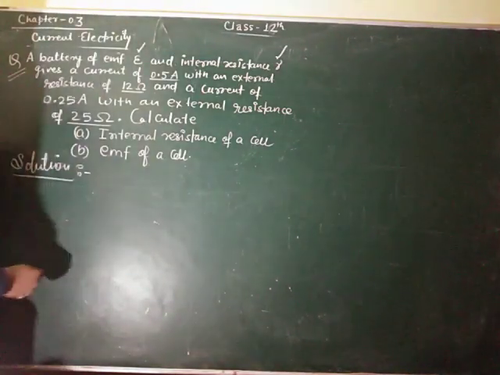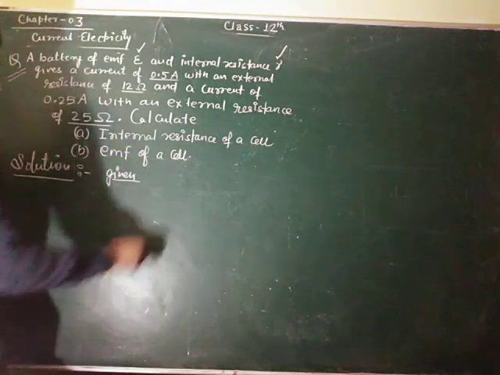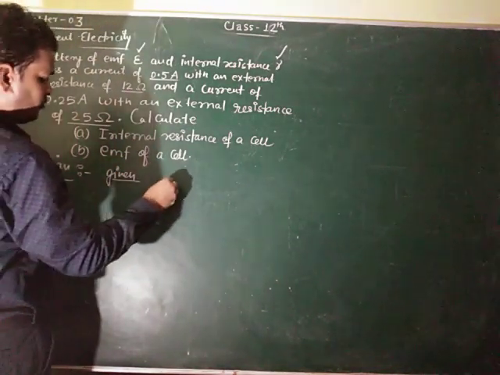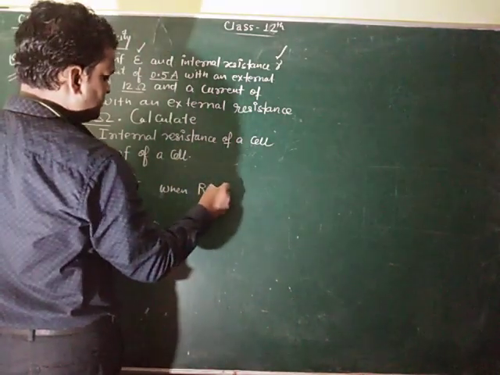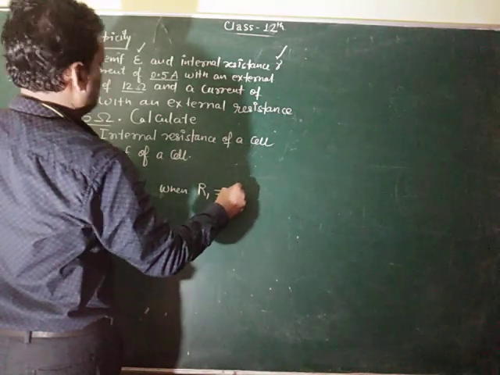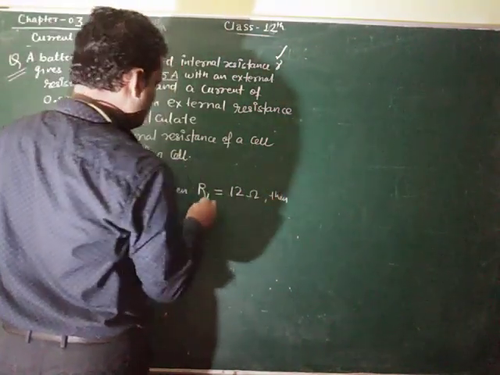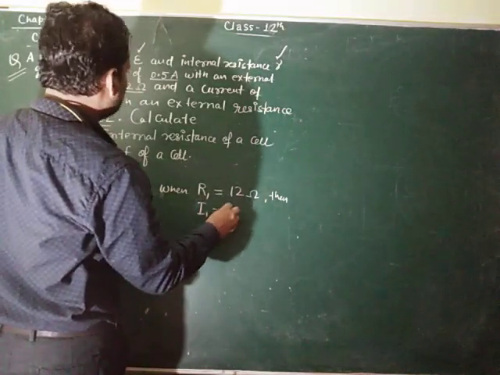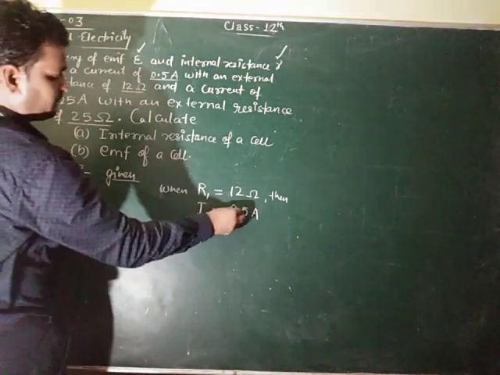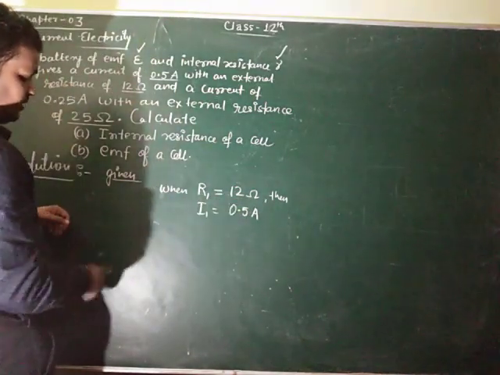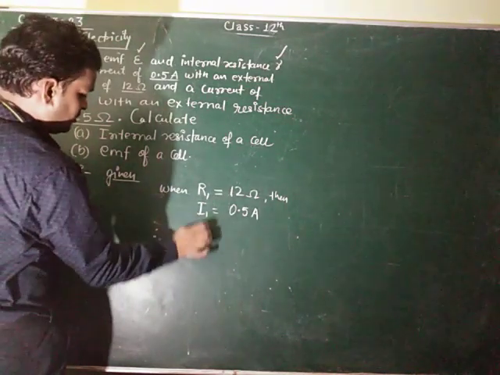So here, we have to write first what is given. When R1, the first case, R1 is 12 ohm, then current I1 is 0.5 ampere. Therefore, what is the formula of current?